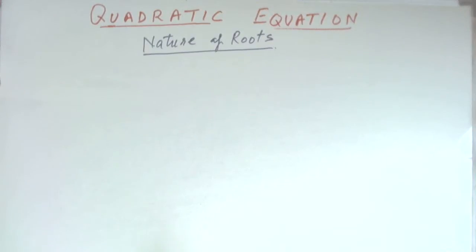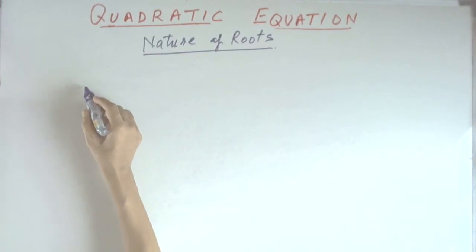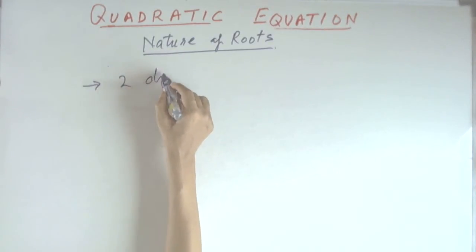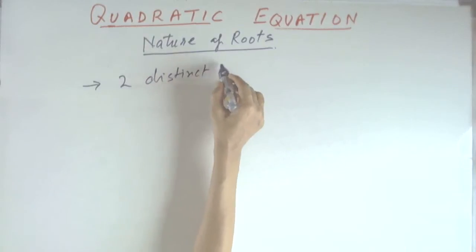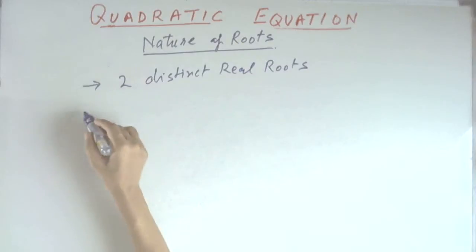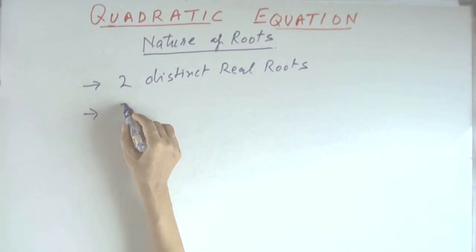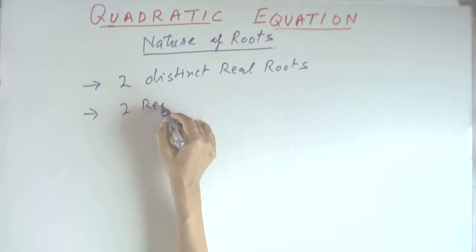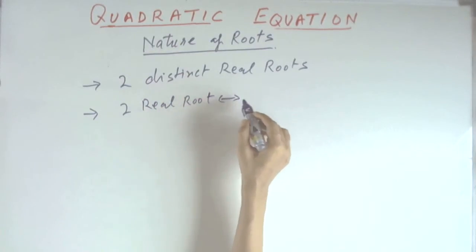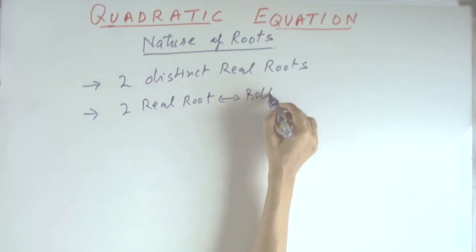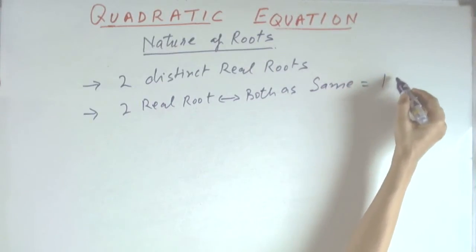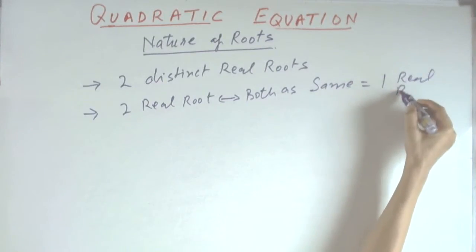We have seen in our earlier videos that a quadratic equation may have two distinct real roots, or we have two real roots both the same, so that means only one real root.